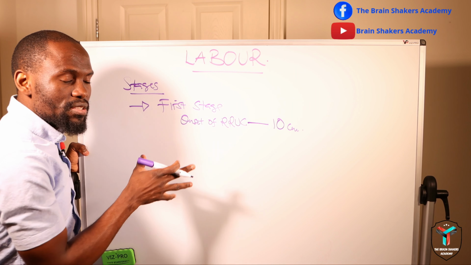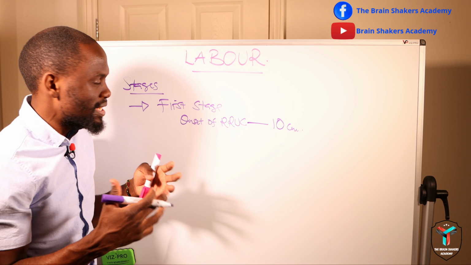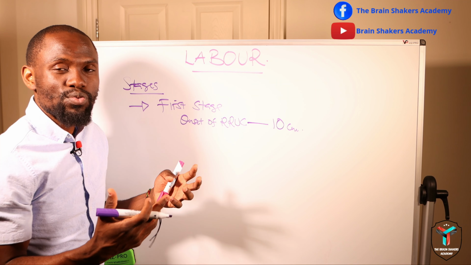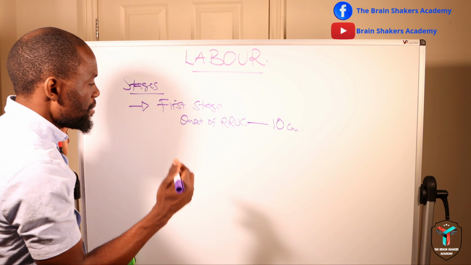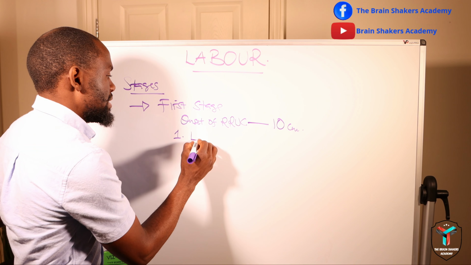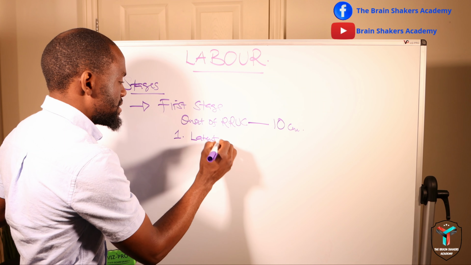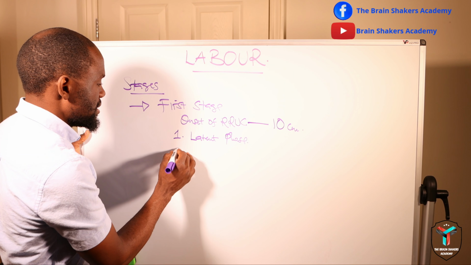Now, this first stage of labor can then be divided into two main subphases. In other times, we do divide it into three main subphases. Number one is what we call the latent phase of the first stage of labor. So this is going to be the latent phase.